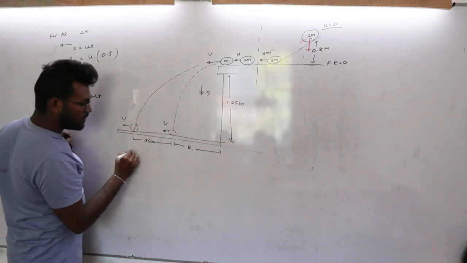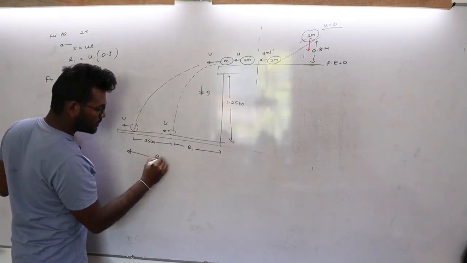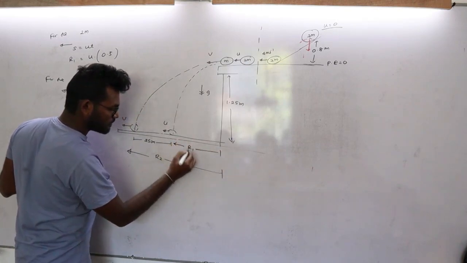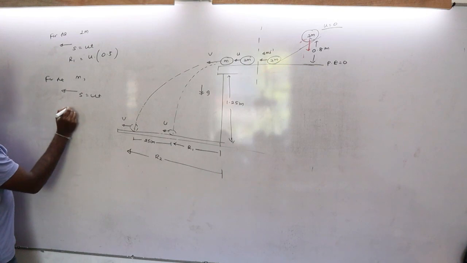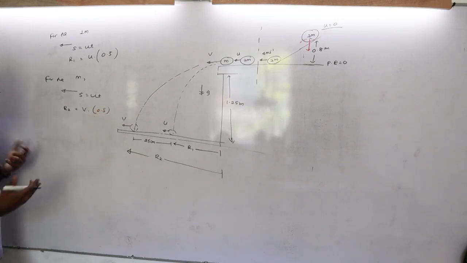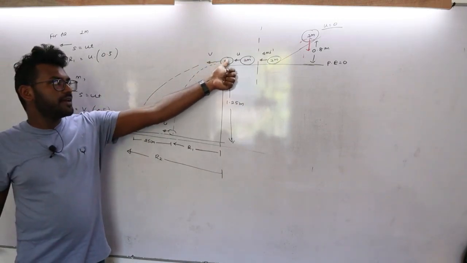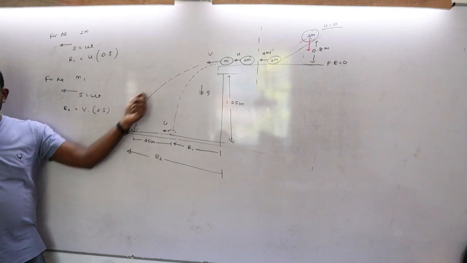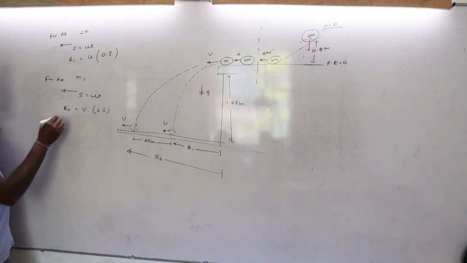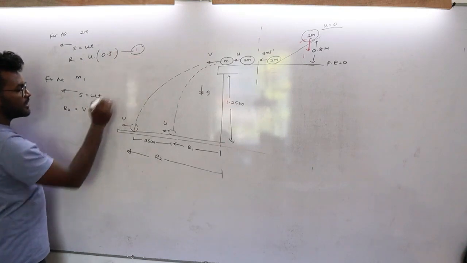Now let me take it to be r2 from here to here. That's r2, that is equal to V times 0.5. At the same time, this is having a greater velocity, that is why it should go somewhat ahead of the 2m. Okay, so we could write this to be the first equation and this to be the second equation.